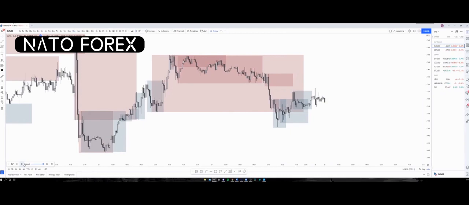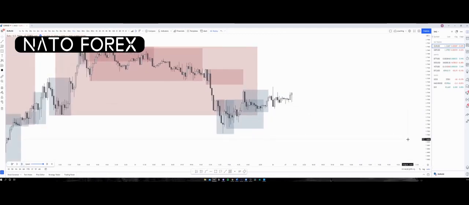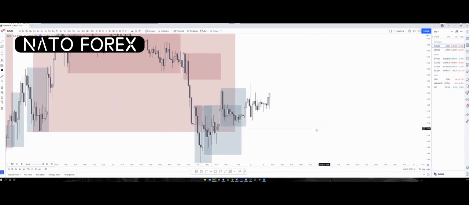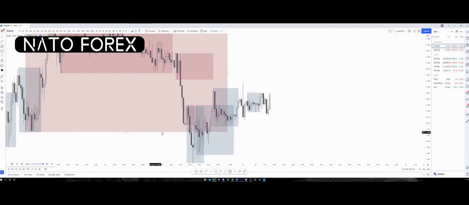You can start studying ranges a bit more closely here. You can say, okay, well, we've created this internal range. Do we take the high of that? No, now we do. So now we had a quick sell to buy here.